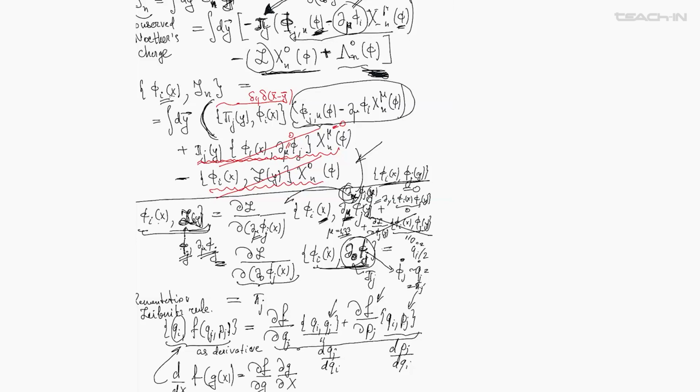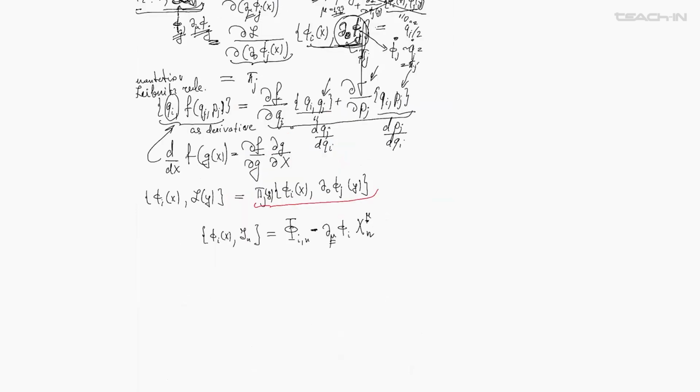But what is this? This expression we have already seen in the lecture when we were constructing this conserved current J_n. What is written down here is nothing else than a variation of the form of the field phi_i under the action of this conserved charge, not a current.